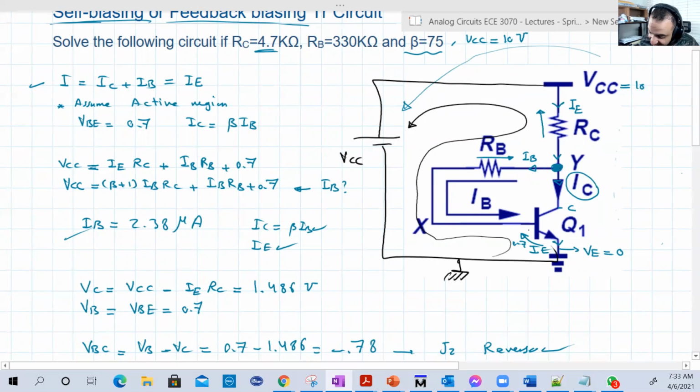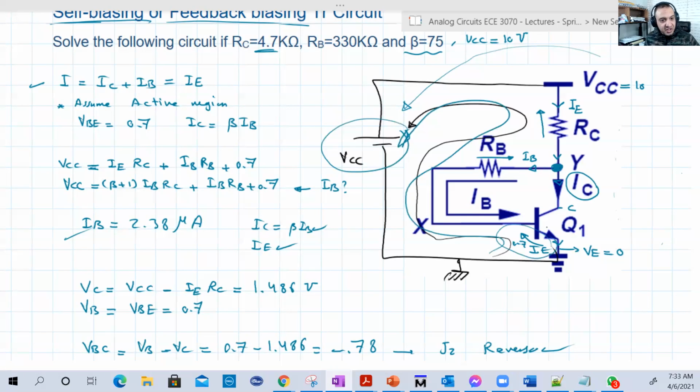Because of this loop that I just drew. This loop has VBE and VCC. So VCC here is the one that provides this junction with its voltage, VBE. That's why VCC must be greater than 0.7. That's number one. But whenever you have this, it's always in active region.